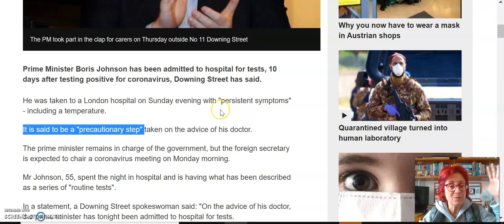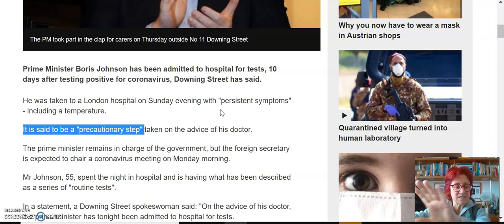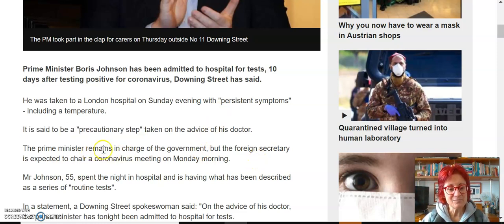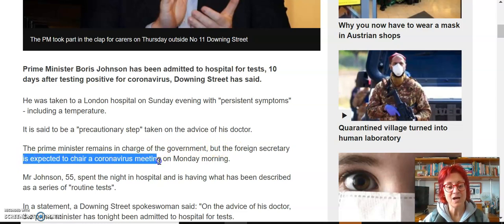It is said, people say, doctors say, or the government say, but it is said more objective, keeping a distance and emphasizing the fact. The Prime Minister remains in charge of the government, but the Foreign Secretary is expected to chair a coronavirus meeting. To chair a meeting means to be in charge of the meeting, presidir una reunión. Okay, so it is expected, the Foreign Secretary is expected to chair this meeting.